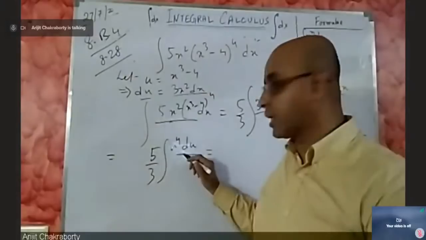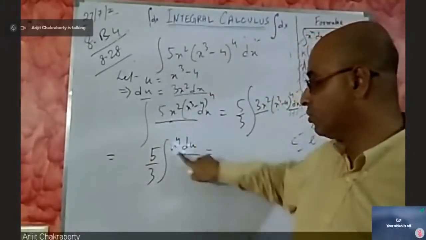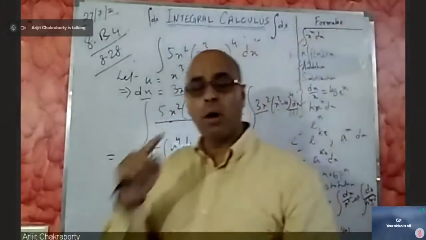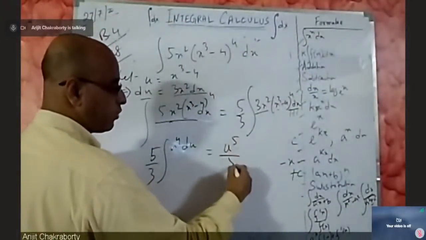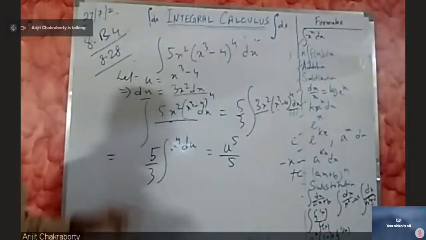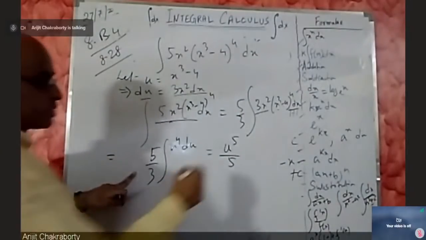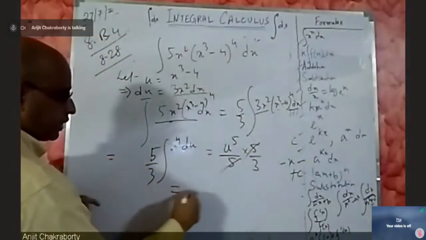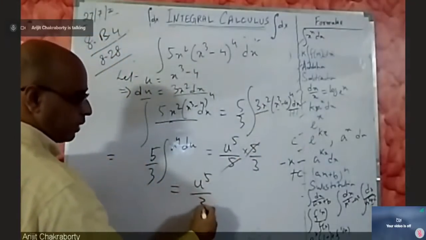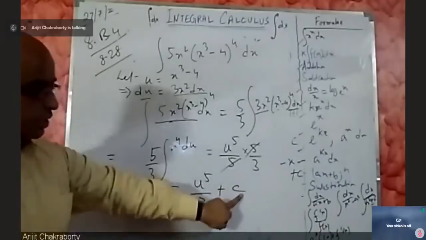So I can write this as u to the power 4 du. This is of the form x to the power n, so it becomes u to the power 5 by 5. But outside we have 5 by 3, so 5 and 5 cancel. You are getting u to the power 5 by 3 plus constant c.